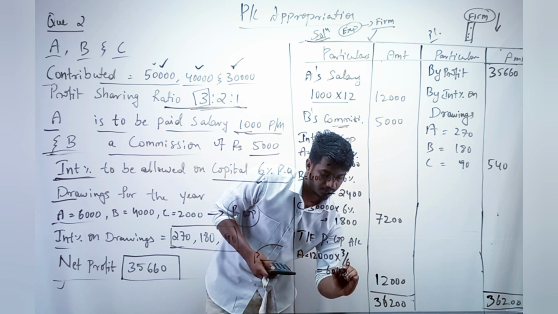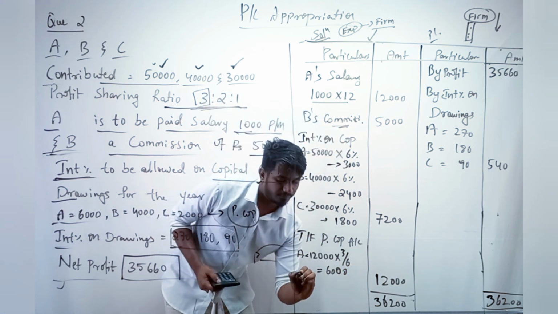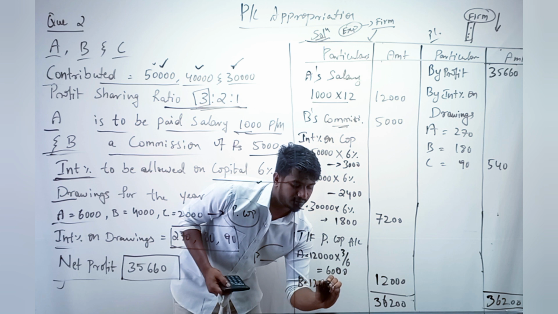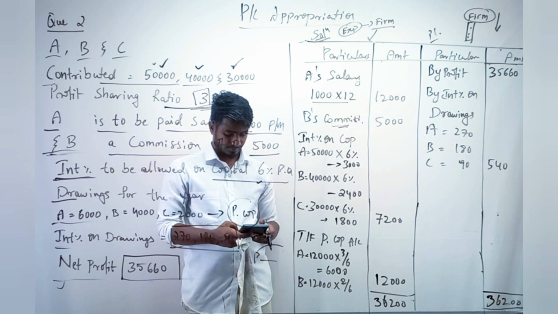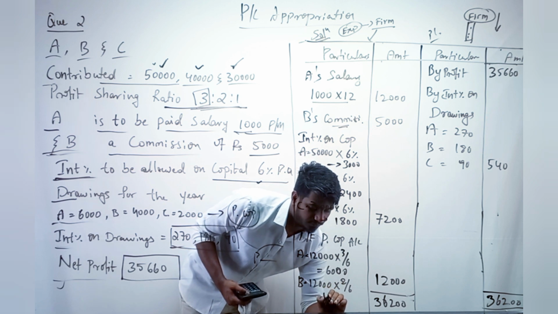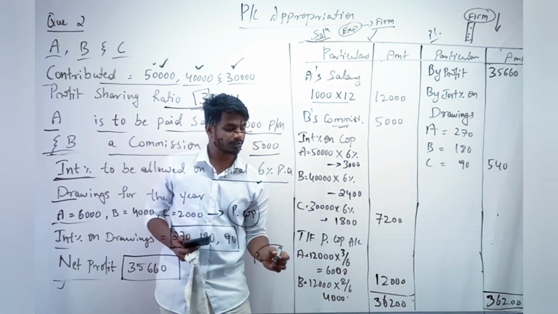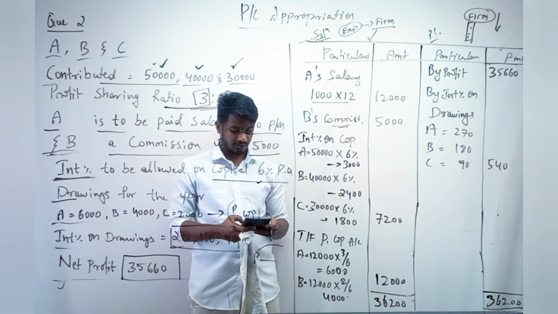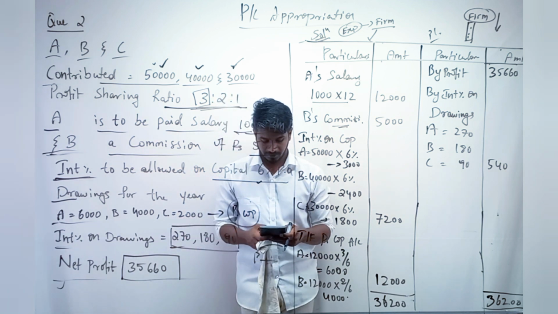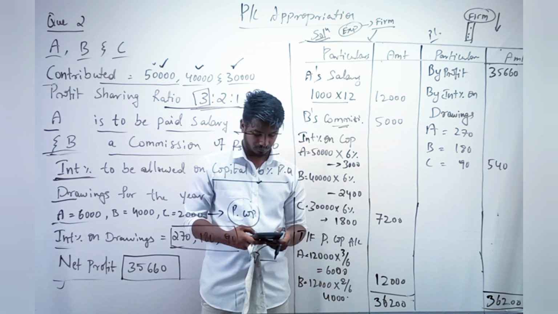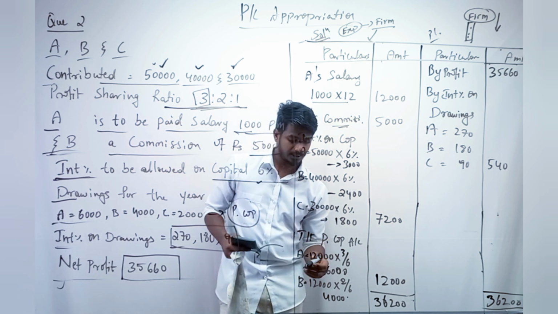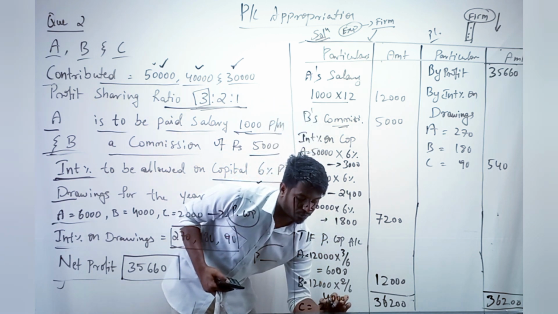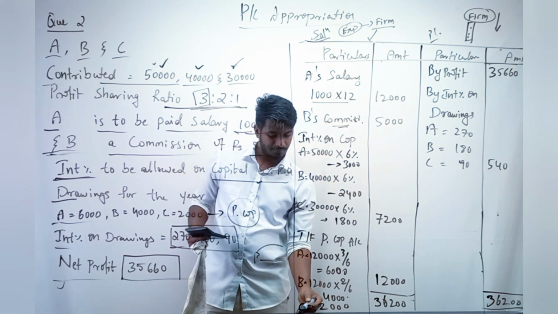For B, 12,000 into 2 by 6, which is 4,000. For C, 12,000 into 1 by 6, which is 2,000.